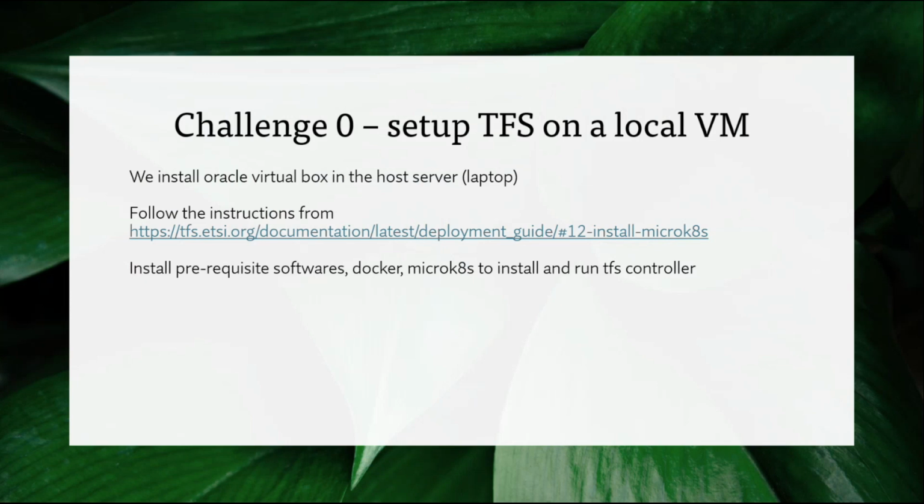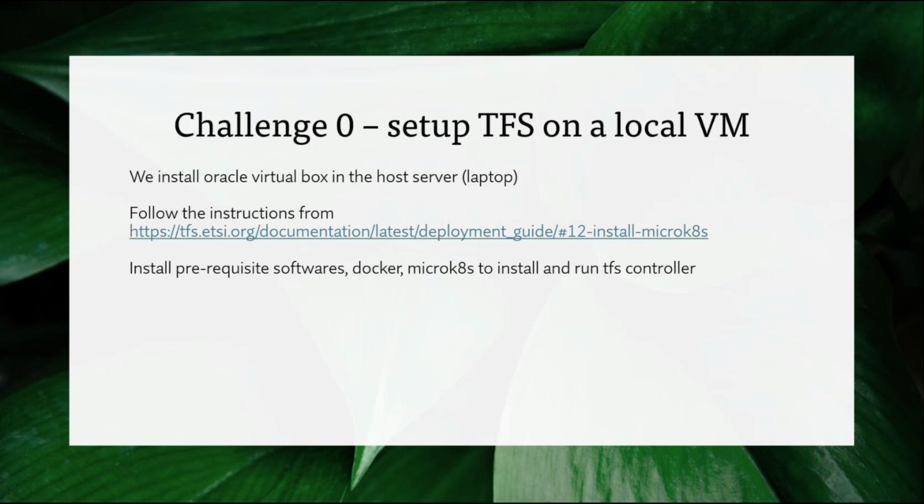Okay, so the first thing is, we install VirtualBox on the host server, a laptop, and if you look at the link we've shared here, it contains all the prerequisites and instructions to install micro Kubernetes and TFS.